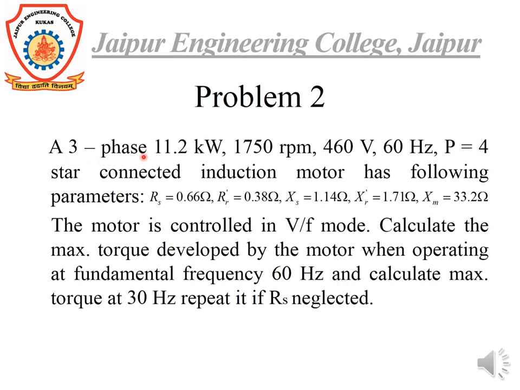Problem 2: what it says: a three-phase 11.2 kilowatt 1750 rpm 460 volt 60 hertz 4 pole star connected induction motor has the following parameters: Rs is equal to 0.66 ohm, Rr dash is equal to 0.38 ohm, Xs is equal to 1.14 ohm, Xr dash is equal to 1.71 ohm, and Xm is equal to 3.2 ohm.